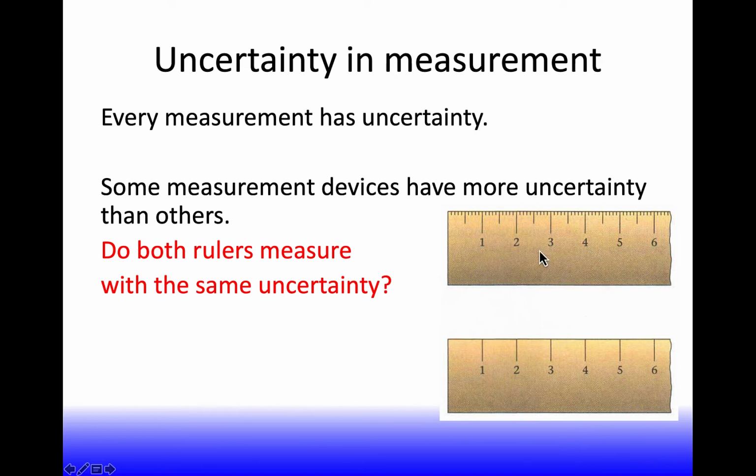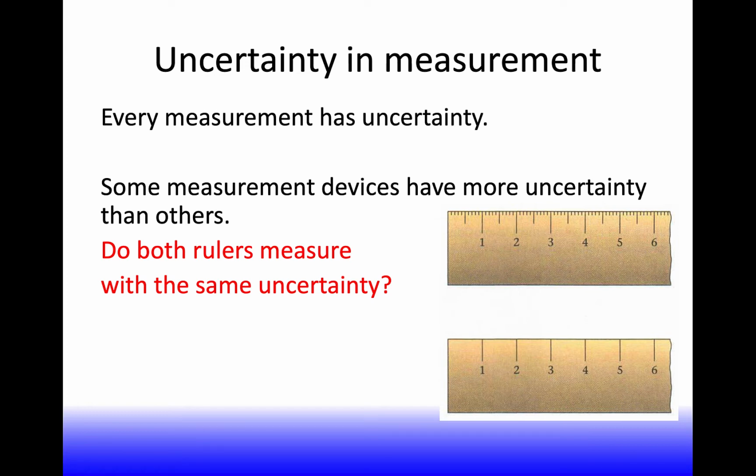The thing is, is it exactly 1.7? Maybe. Might be off by a little bit. So what we usually do is we know that it's 1.7, probably something like right in between here. So we're going to estimate the next digit. So what we'd have is two certain digits.